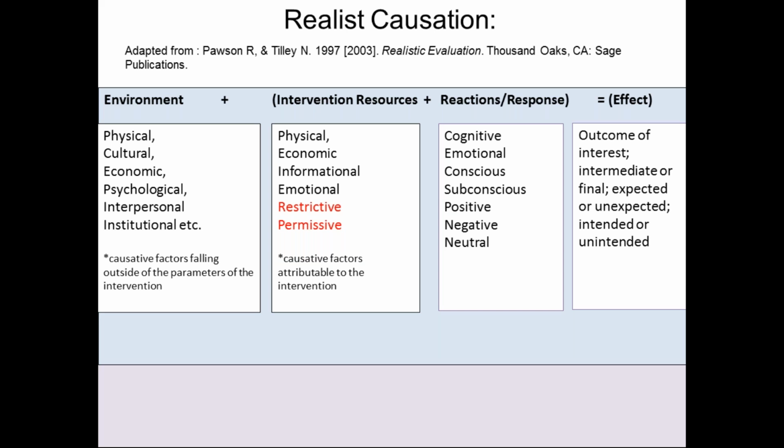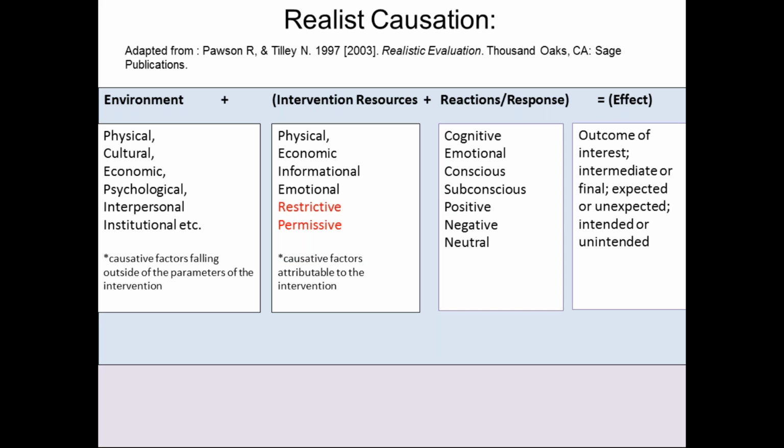It could be conscious or subconscious, which complicates things, because how do you conduct realist qualitative interviews with people, asking them about their response when sometimes the response may be subconscious, or maybe not fully subconscious, but just something that people haven't really thought through, even though they're reacting in certain ways.